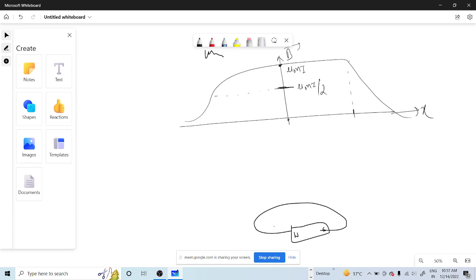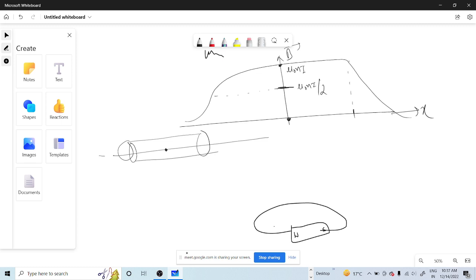This is the center of the solenoid. Just to draw a solenoid in this way.